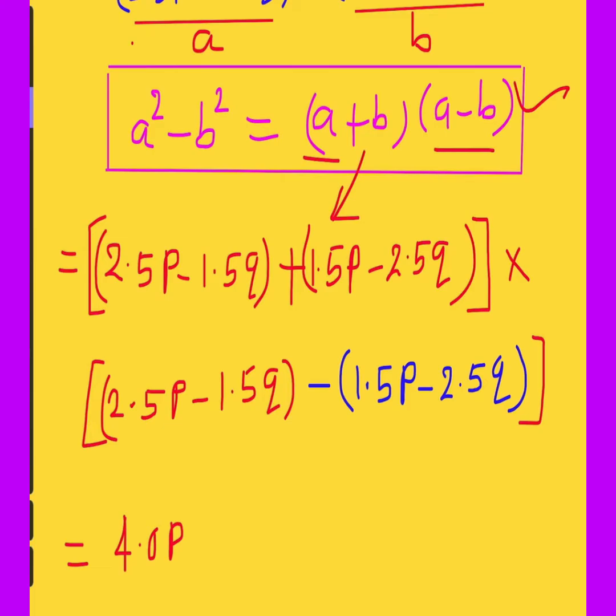After that, both signs are negative, so again you will add, 1.5 and 2.5, again you get 4q, so you write here minus 4.0q. What have we done? We added both, and here is minus, so it will add but the sign will be minus. Now let us simplify the second bracket.